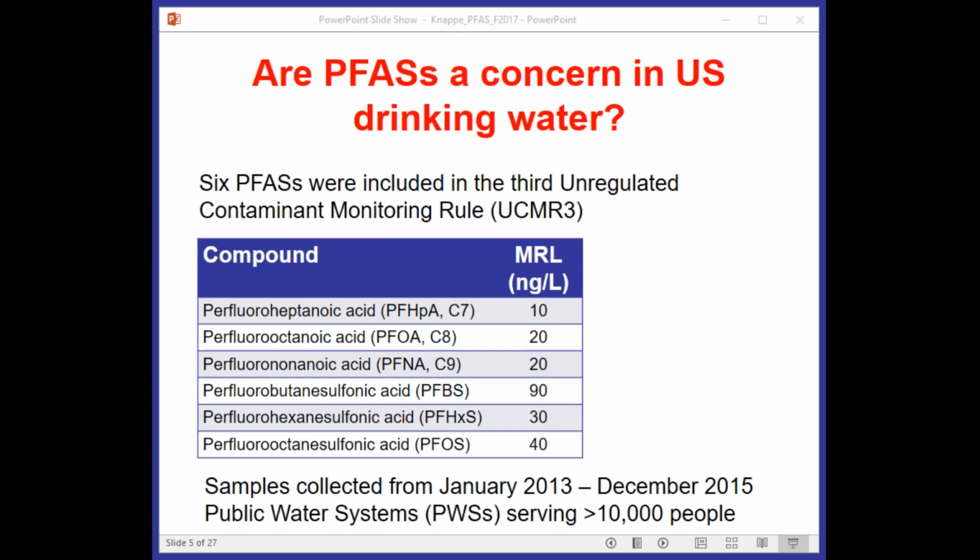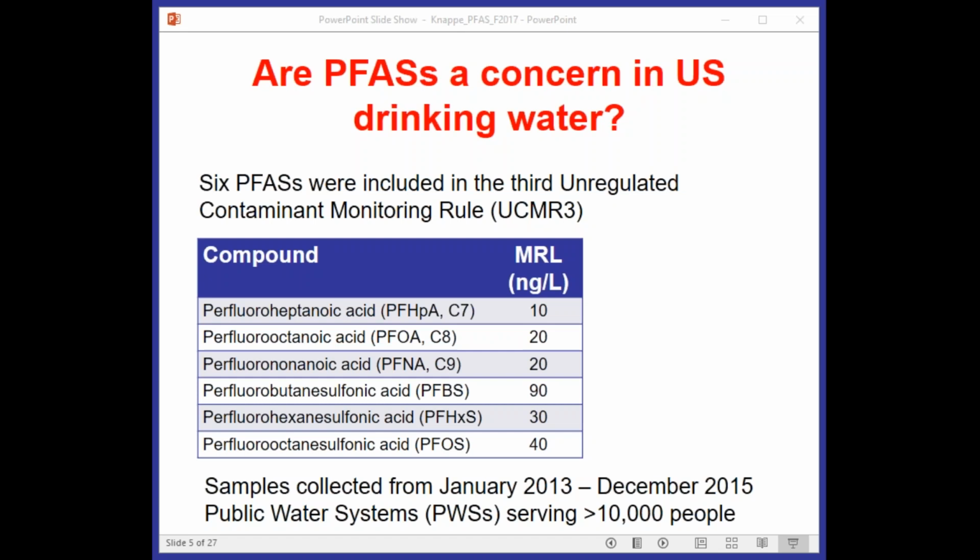So there is some uncertainty in terms of how fully the UCMR3 data set really represents the occurrence and potential for concern of PFASs.